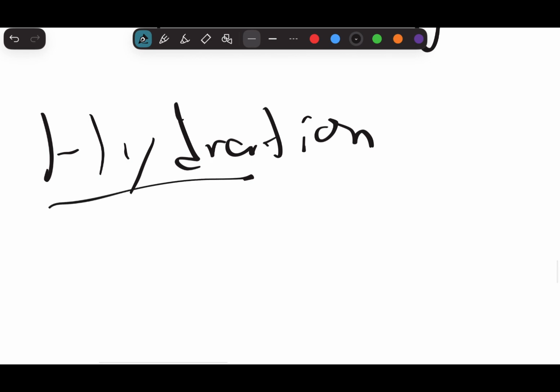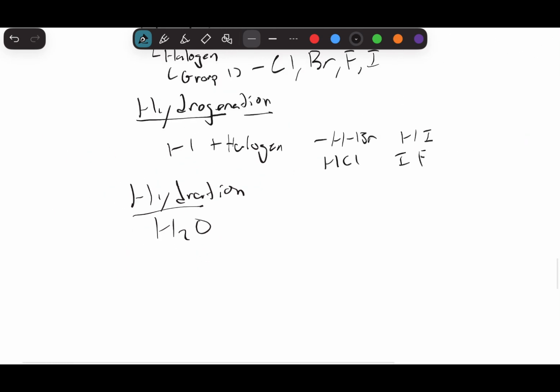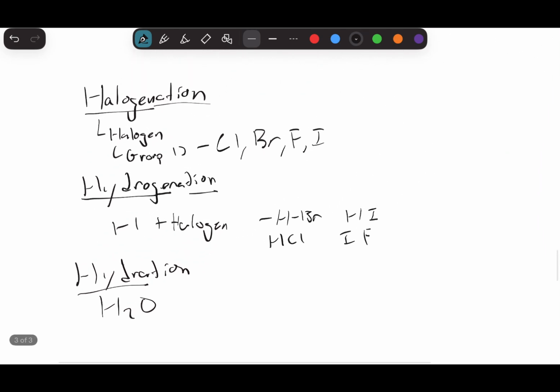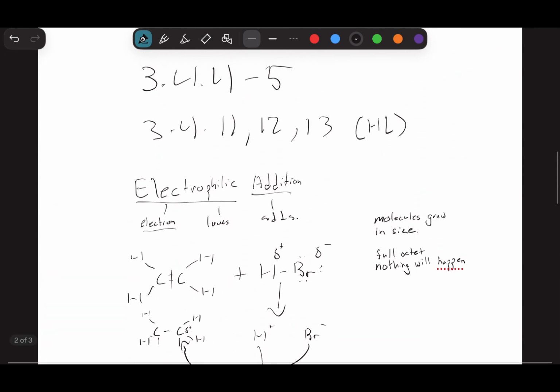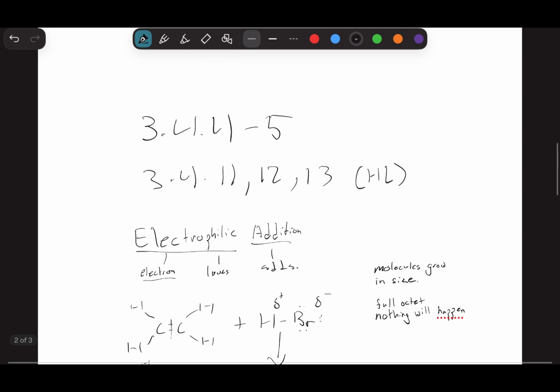Lastly, hydration. When you drink, you hydrate, so H2O. You add an H2O. These are what could happen in electrophilic addition reactions, okay? So this is the SL content.